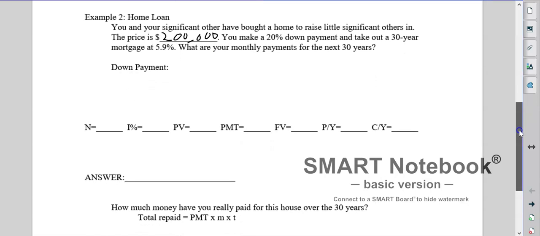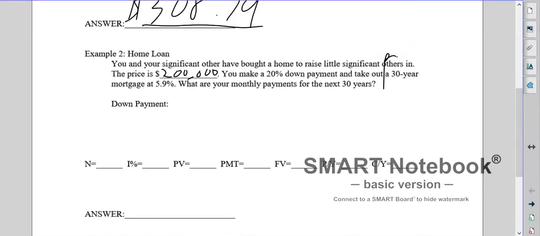So, again, we're going to do 200,000 times 0.2, which is 40,000. Okay? I said 20,000. It's 200,000 times 0.2 is 40,000. We're going to subtract that, and that gives us 160,000. So my present value is 160,000 or 160K.